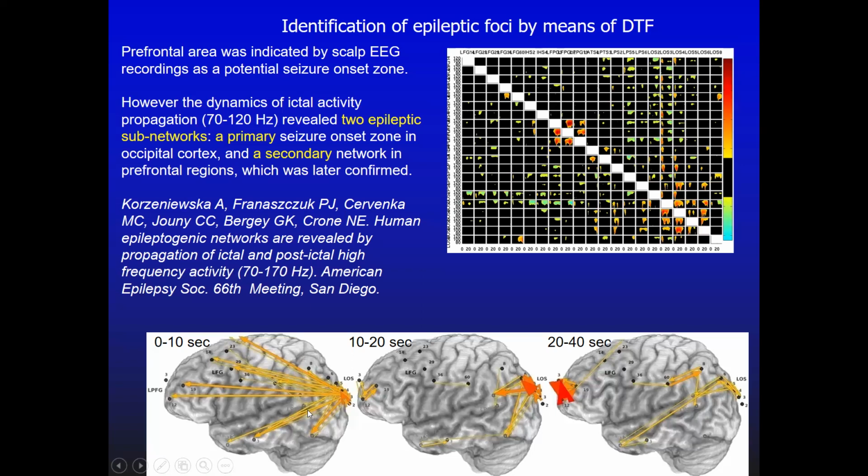Here we have this primary zone at the time 0, 10 seconds. And then still we have some zone at the back of the head. And then the strongest focus is in front. And this is the one which was identified by the recording from the head itself.